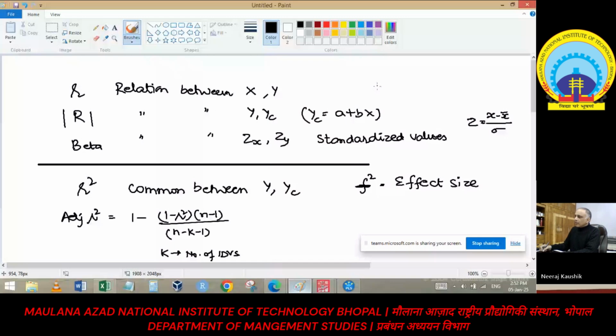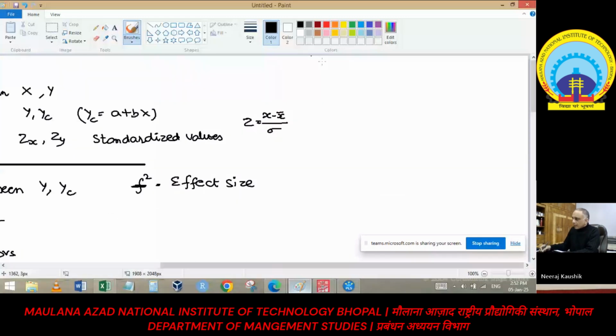And a term, we call it simple regression. The term will be called simple regression when there is one DV and one IDV. Just see, after some time, I will ask you questions again and again. Please note it down somewhere. IDV 1, DV 1, it is called simple regression. And what is multiple regression?